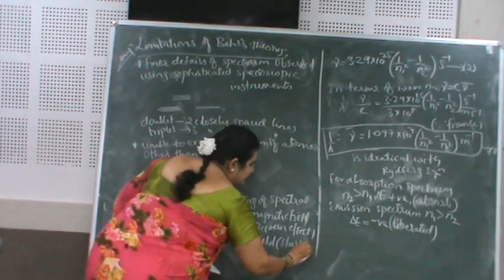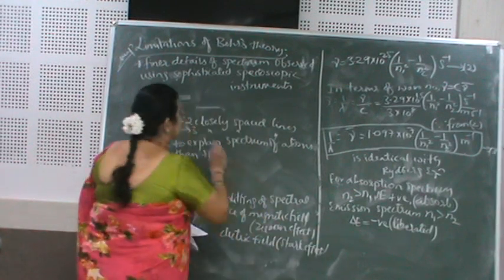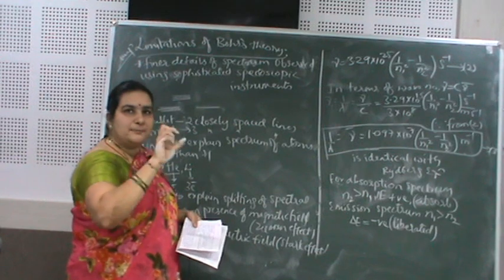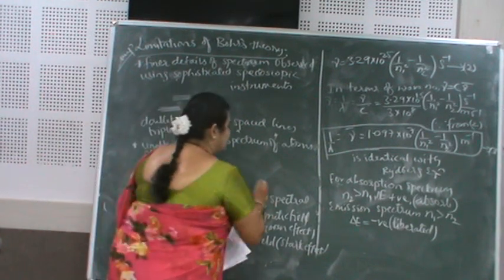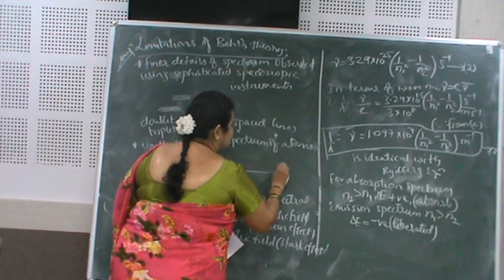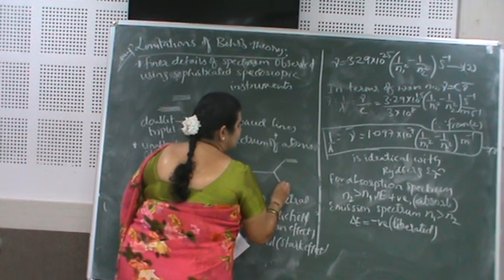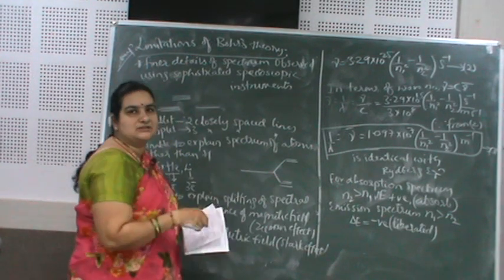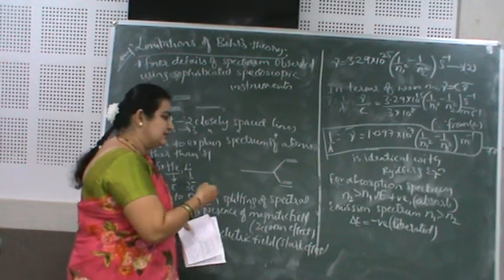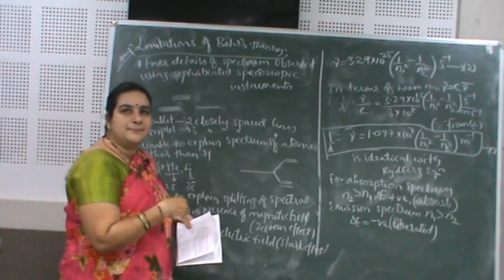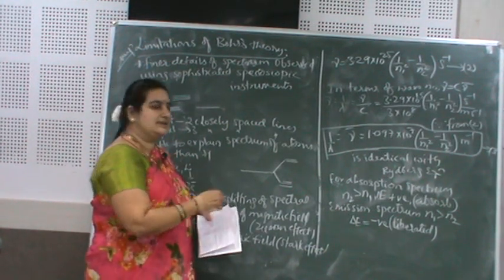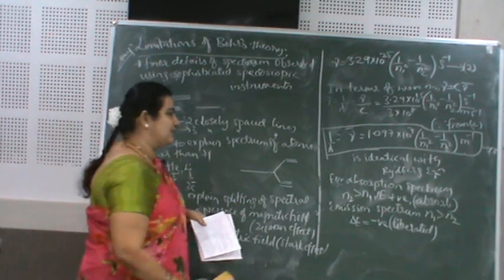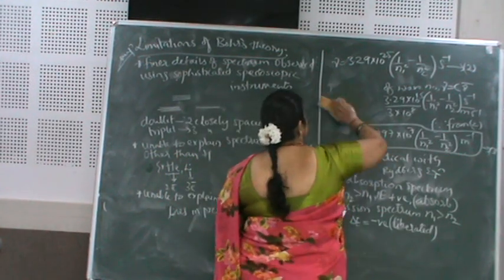Splitting of spectral lines means one line splits into a group of 2, 3 or 4 lines. The concepts of the Zeeman effect and the Stark effect cannot be explained by Bohr's theory.